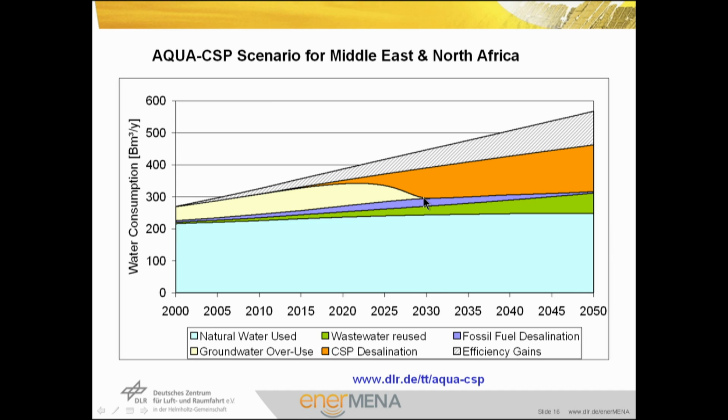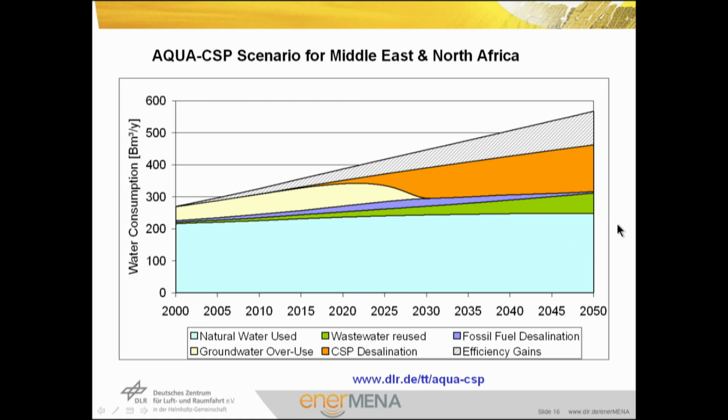So this is an optimistic scenario, because it shows the problem can be solved. There is enough energy to desalinate the amount of water required. But of course, it will take a long time, 2 to 3 decades. And it is not sure if the groundwater resources will last long enough and still be available in the year 2025.